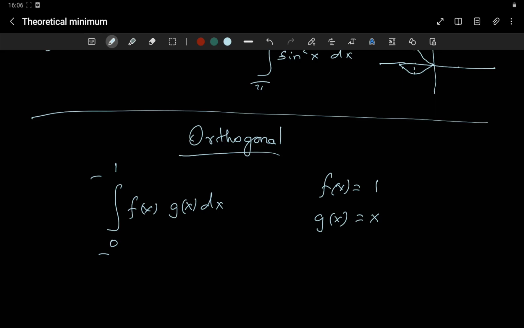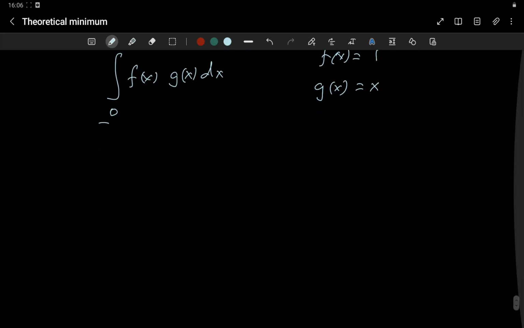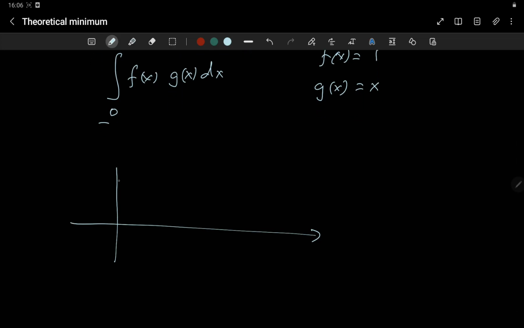Okay, and one more thing, the way you can think of the inner product is graphically. Graphically, you can think of a function as a vector in the following manner. Let's say you have a vector with a first component, second, third, fourth, like that.